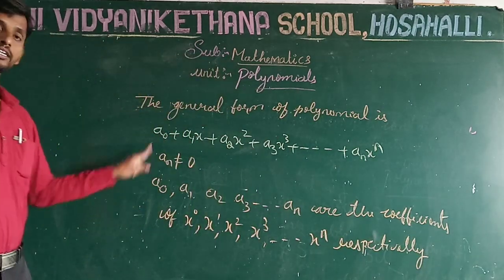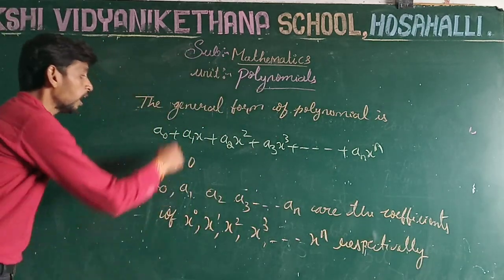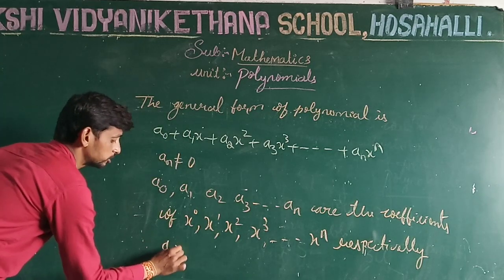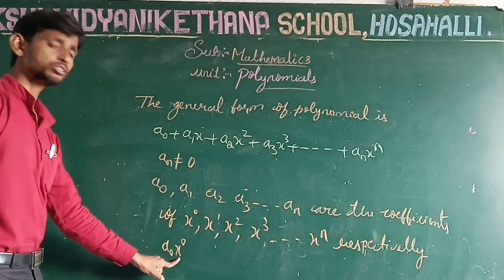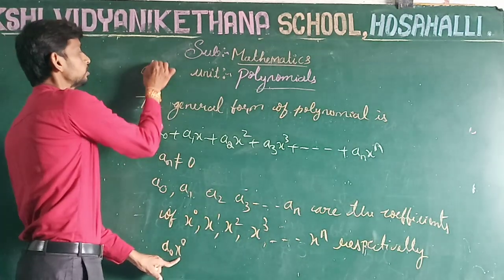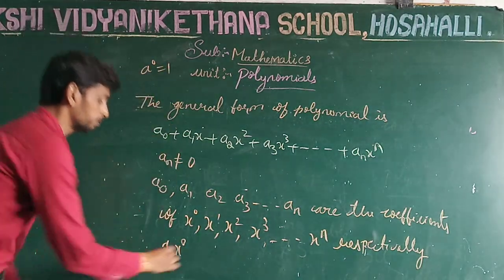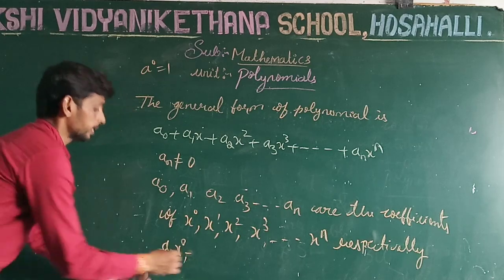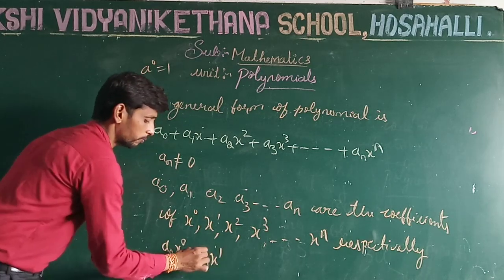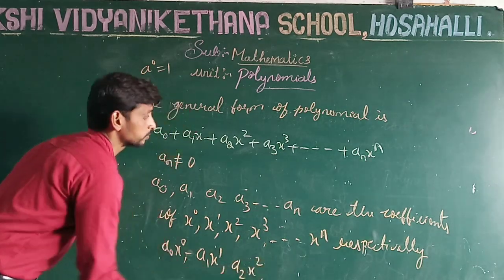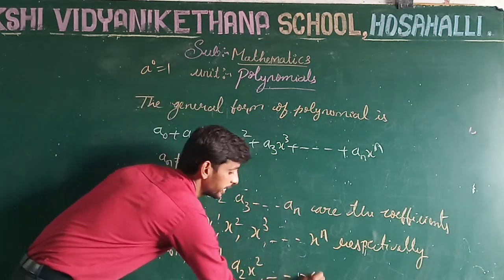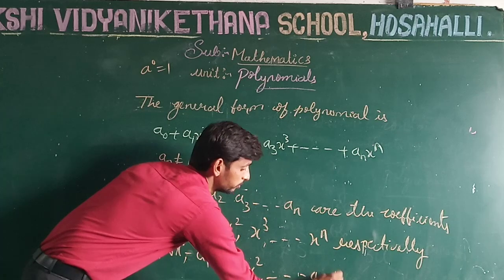Okay, next see here: a0 x to the power 0, its value is 1, any number to the power 0 is 1, plus a1 x to the power 1, a2 x to the power 2, so on, an x to the power n.